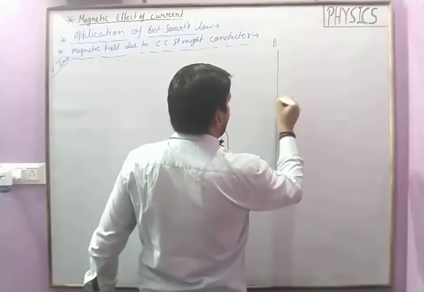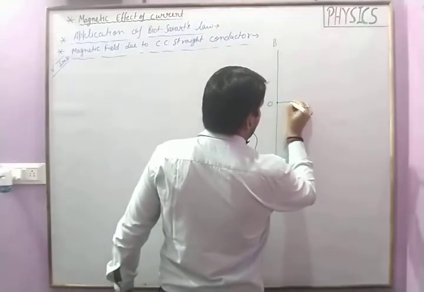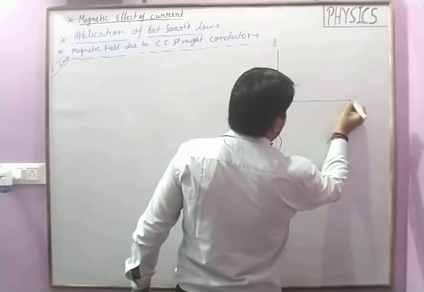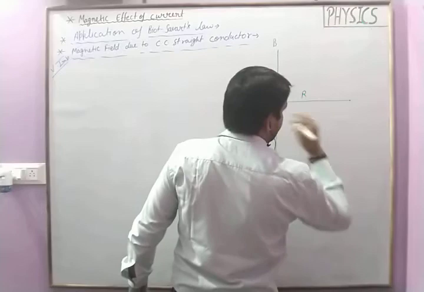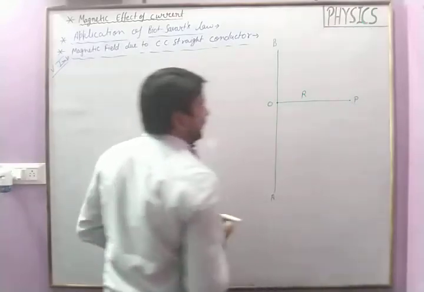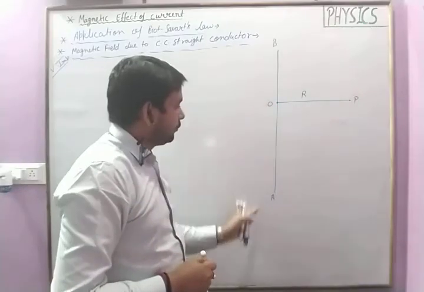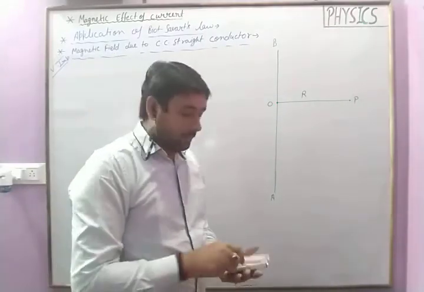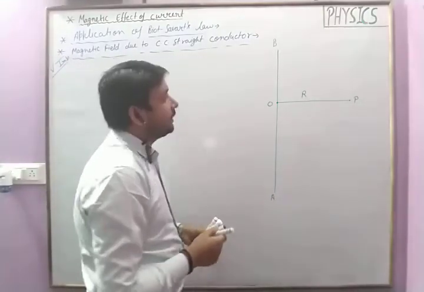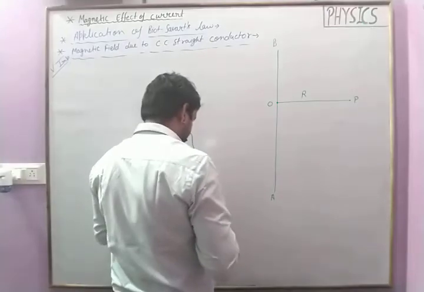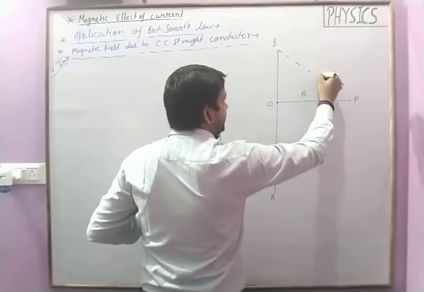Okay, any point on this wire we say O. From this point O, at a distance r, a point P where we need to determine the magnetic field due to this wire. For calculation of the magnetic field at P, we need to join the ends with the point P.